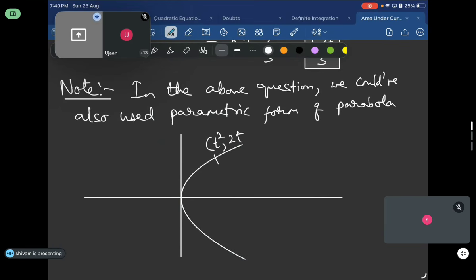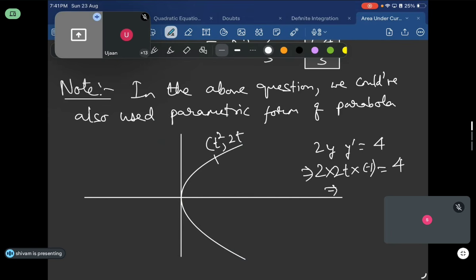T square comma 2t. And if you want to find out the derivative at this point, 2y y dash will be equal to 4, right? So instead of y, we can substitute 2t. So 2 into 2t into y dash, where y dash is minus 1, is equal to 4.